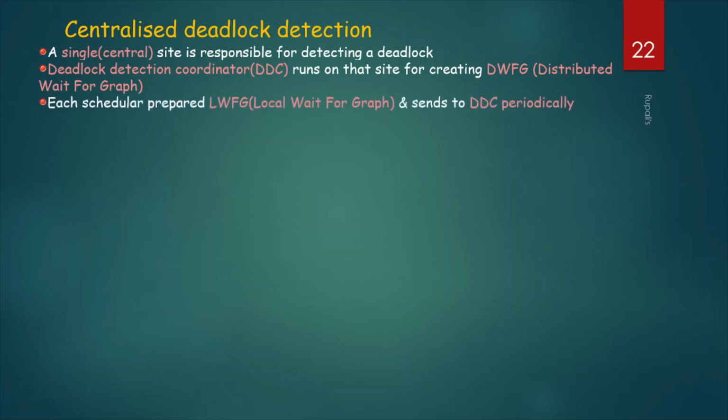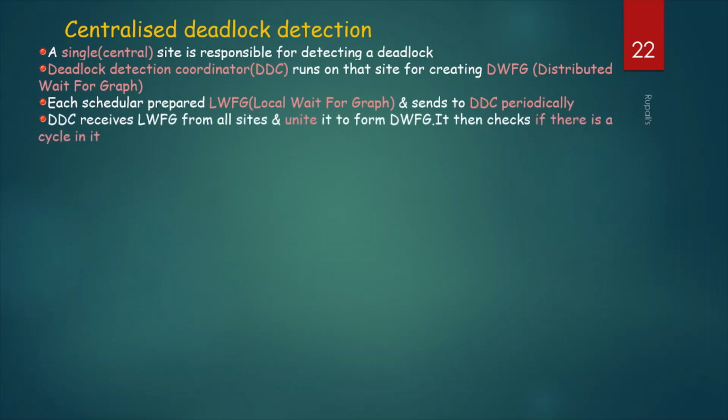Each scheduler prepares a local wait for graph and sends it to the DDC periodically. Means each site creates its own local wait for graph and that local wait for graph will be sent to the central site, to the DDC. It will send periodically to the DDC.